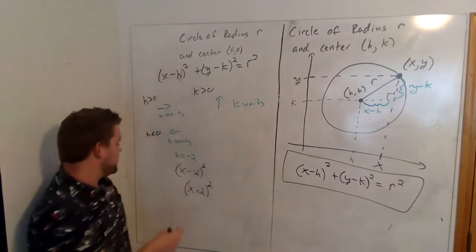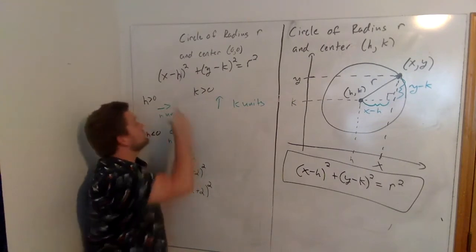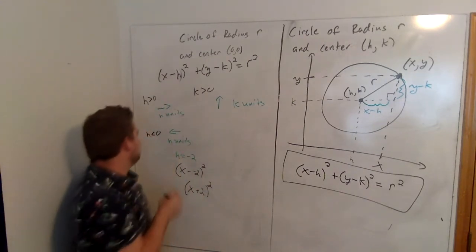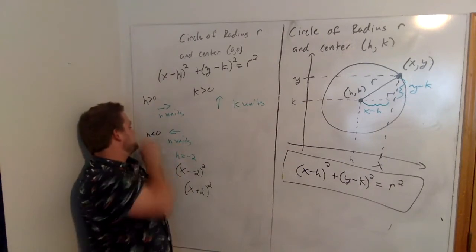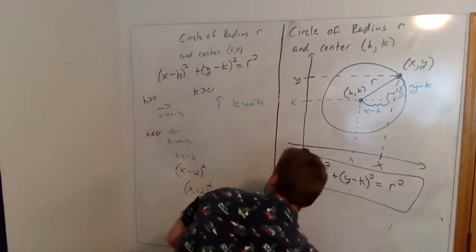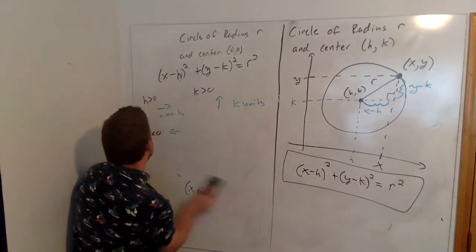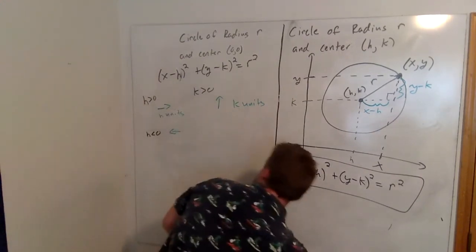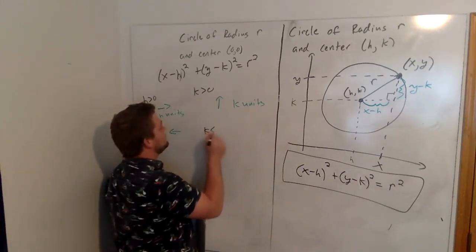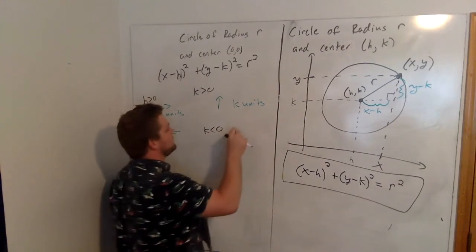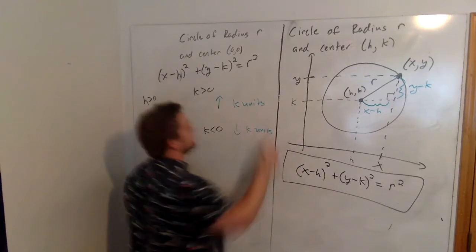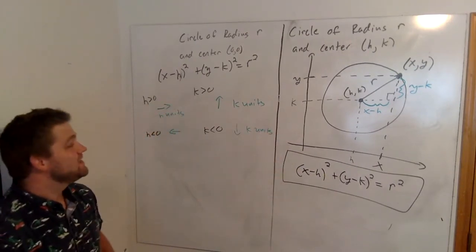Just looking at this piece right here, since we're adding 2 directly to the x value, that's going to shift the graph left by 2 units. So in this case, if h is negative, we're going to shift the graph left h units. And if k is negative, this will shift the graph down k units. Okay. Let's do an example.